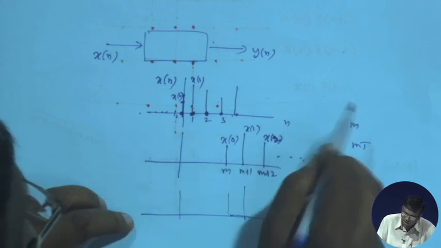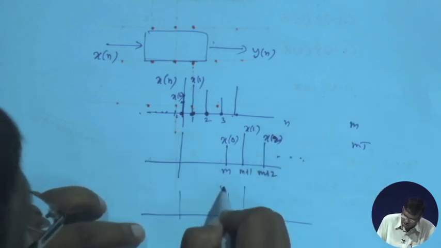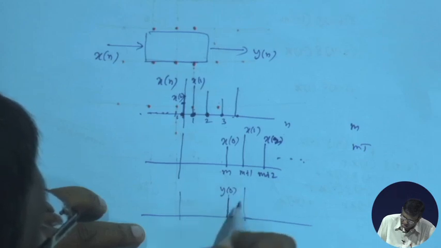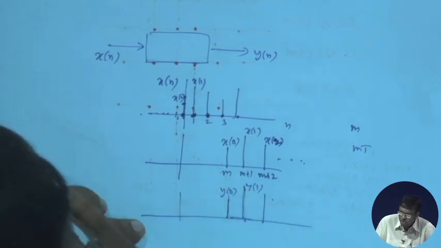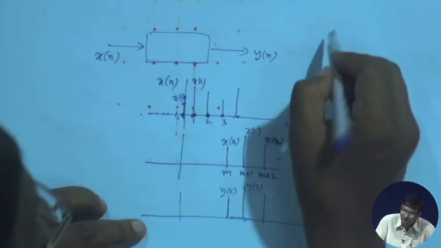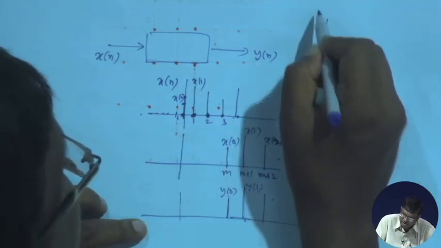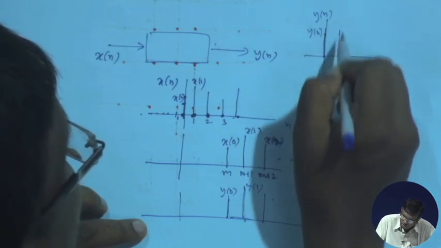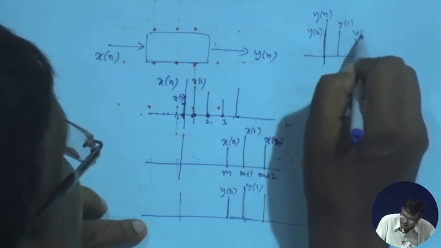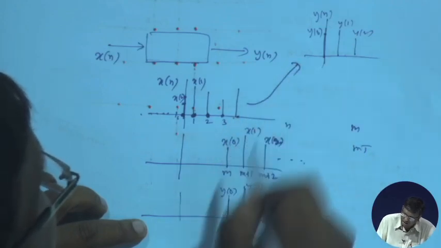Whatever earlier was y 0, now y 0 will occur here, y 1 here, y 2 here. So the output also gets delayed. Our earlier output may have been y 0, y 1, y 2, like that.